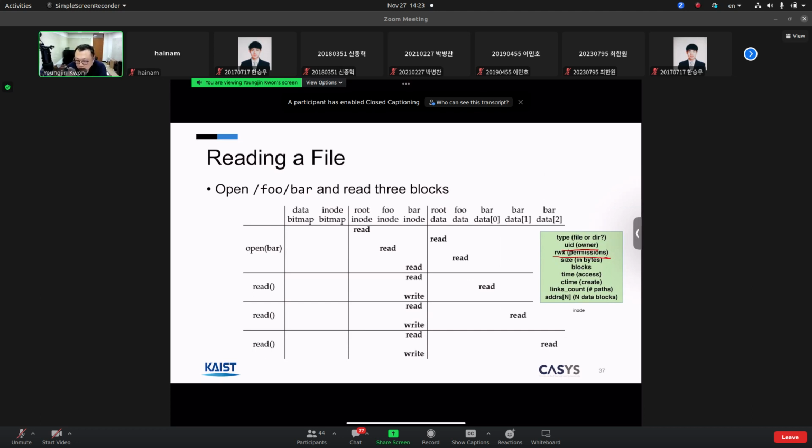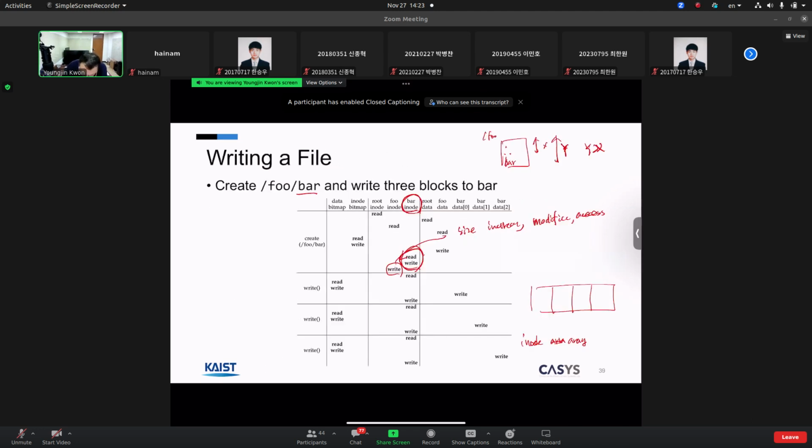So when bar is first created, these fields have to be modified. So the bar inode has to be read and updated on creation.